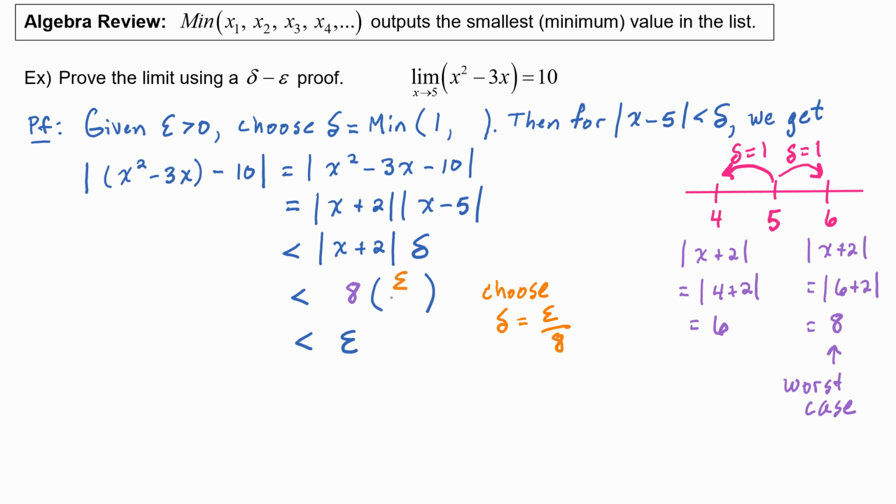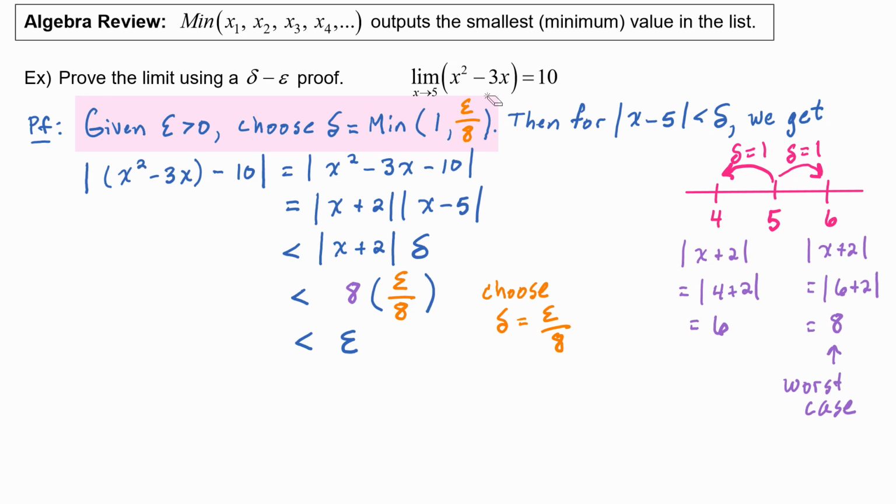Now if we plug that in here, epsilon over 8 times 8, those cancel, and we're left with epsilon. So we can come up here to our first sentence, given epsilon greater than 0, we will choose delta to be the minimum of the following two numbers, 1 and epsilon over 8.